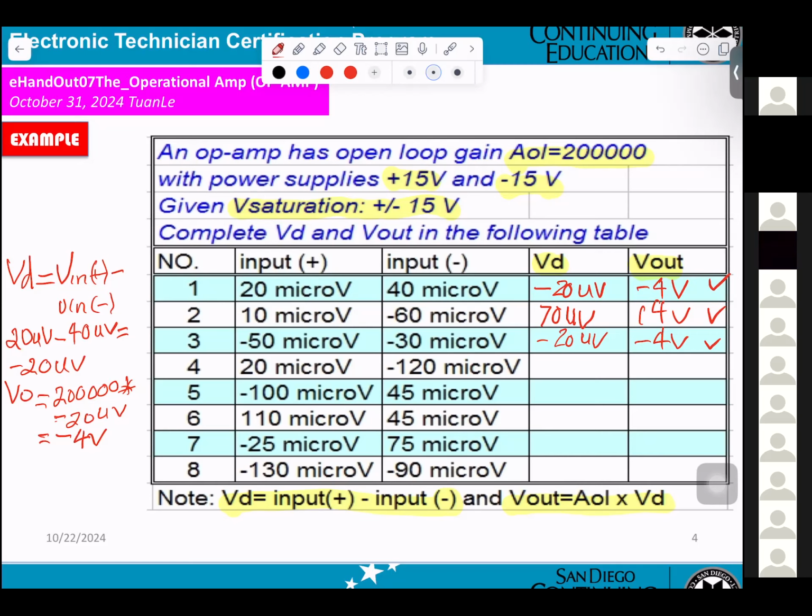Okay, number 4. 20 micro. So, VD, did you get 140 micro?